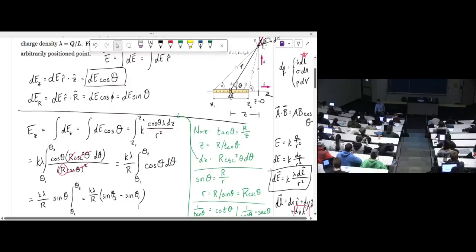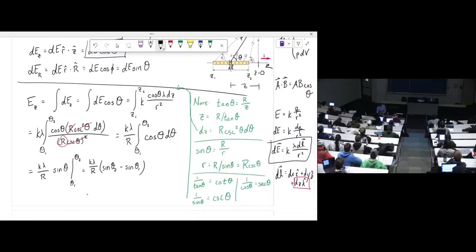So what we want to consider is that sine theta 2 right here is going to be the opposite, big R, over the hypotenuse R2, and sine theta 1 is going to be the opposite, big R, over the hypotenuse R1. And so we're going to rewrite this as E sub z is equal to k lambda over big R times R over R2 minus R over R1.